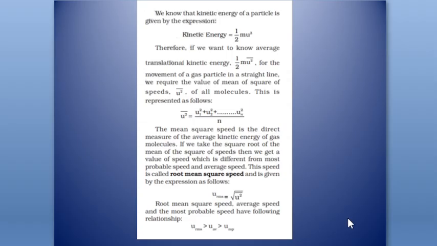Root mean square speed, average speed, and the most probable speed have the following relationship: URMS is greater than u average, greater than u most probable speed.